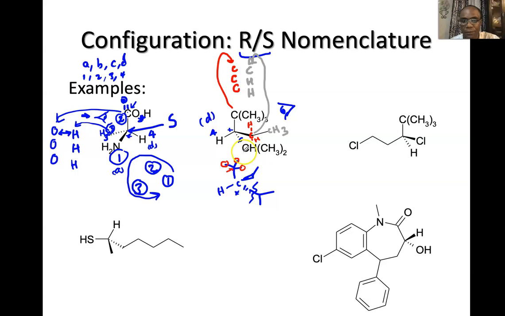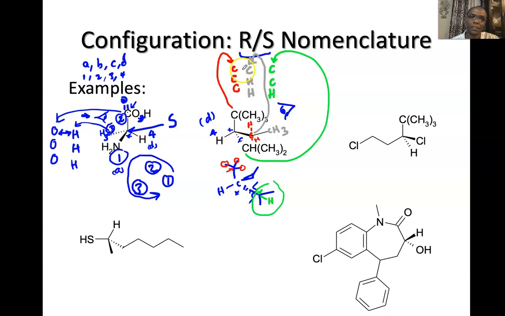Okay, so next, this one. For this one, moving forward, it happens to be the isopropyl, right? So this carbon right here is bonded to 2 carbons and a hydrogen. So I'll write the 2 carbons moving forward, then the hydrogen.